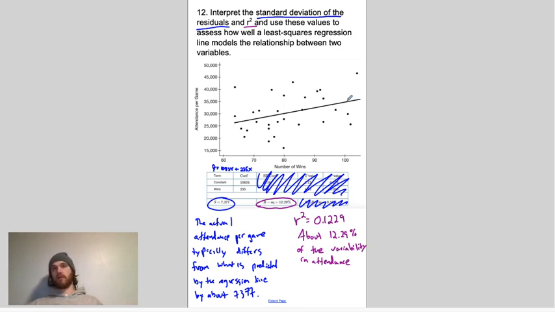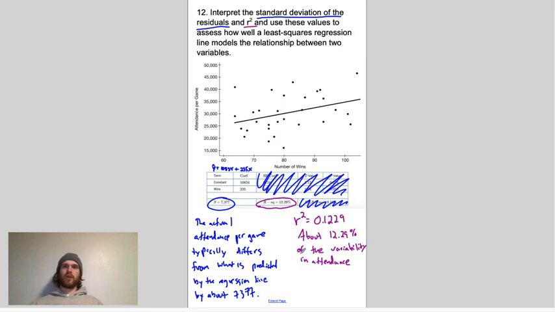However, there are a lot of other factors that are controlling the attendance here. So basically, what this is saying is, wins can only explain roughly 12% of the variation that's happening. And so that other 88% of the variation is probably coming from other factors.